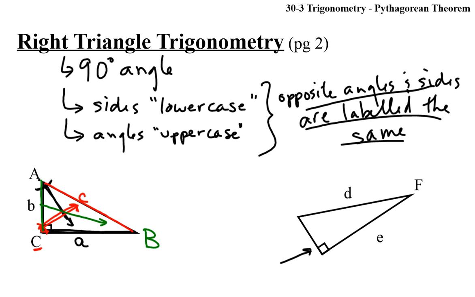That would be angle B. So there's the correct labeling for that triangle. C has to be that side because it's across from angle C. A has to be that side because it's across from angle A. And angle B has to be across from side B. So that's the labeling you have to have.